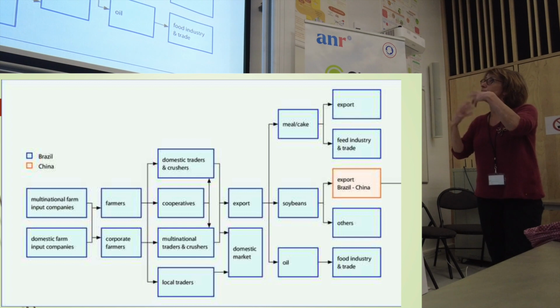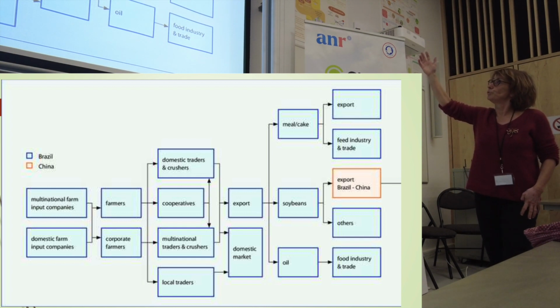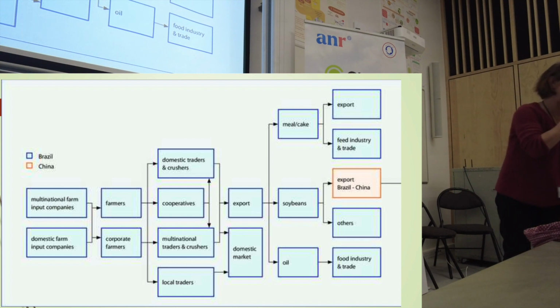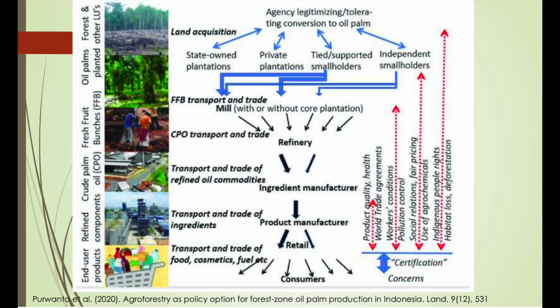Exports can be meal or cake or soybeans or oil, and they can go to different types of markets in the target countries. So it's another illustration of this complexity. We could have seen it for oil palm, but I have no time, so I will skip this. There are also very different types of representation of these value chains.